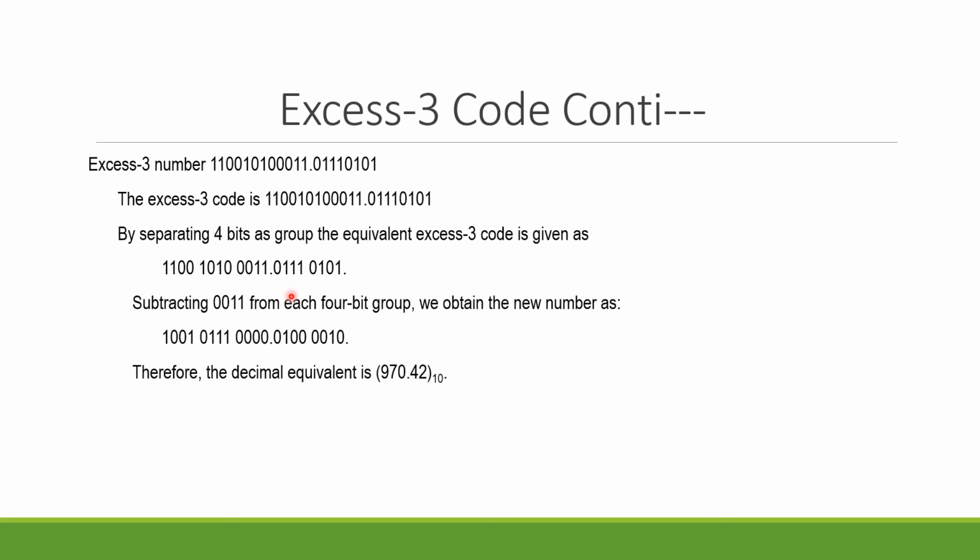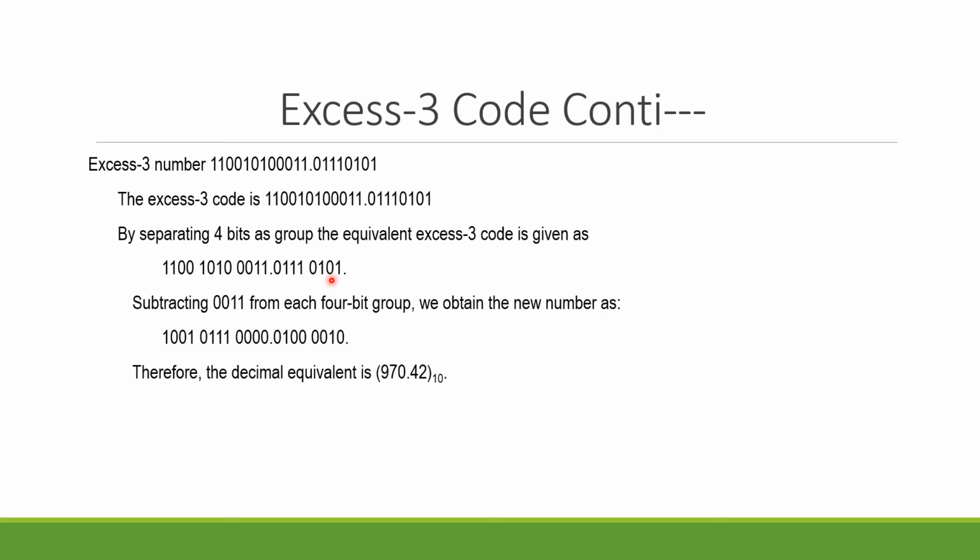When we group these binary numbers into 4, it becomes 1100 1010 0011 0.0111 0101. So we have grouped the bits into 4.